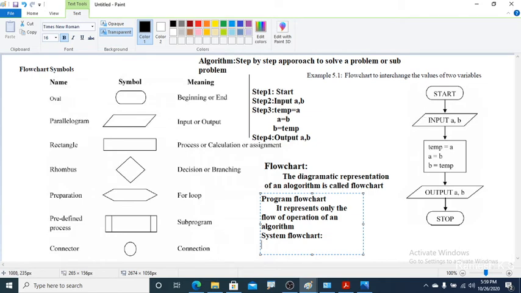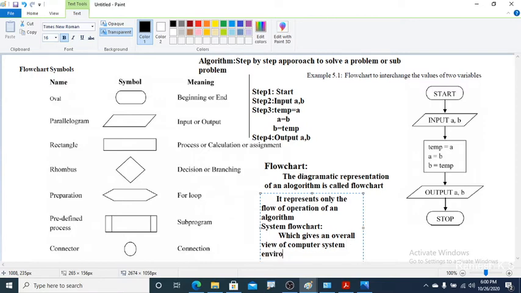So what do you mean by system flowchart? The system flowchart is a flowchart which gives an overall view of the computer system environment in addition to the flow of operation.